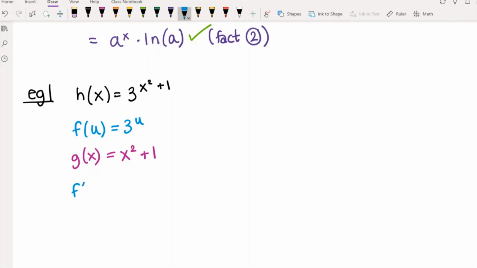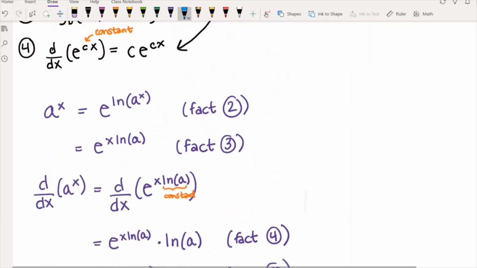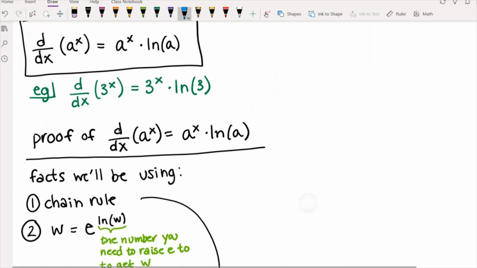So what's the derivative of the outside function? Well, we just learned that the derivative of a to the x is a to the x times ln of a. So the derivative of 3 to the u is going to be 3 to the u times ln of 3. And actually, maybe we even did this one. Yeah, we did this one up here, basically.